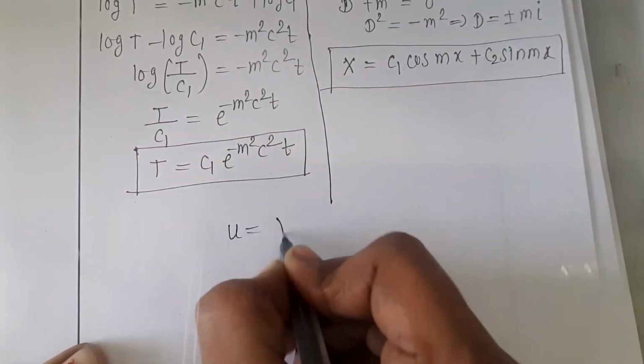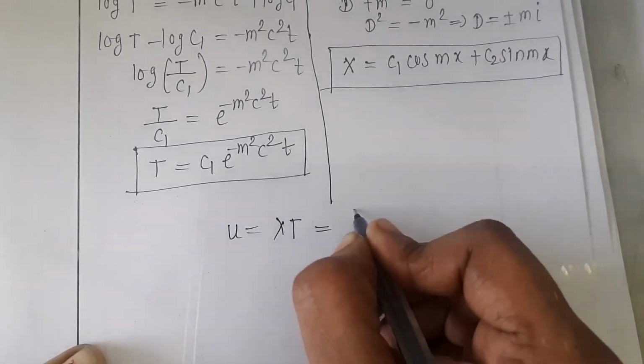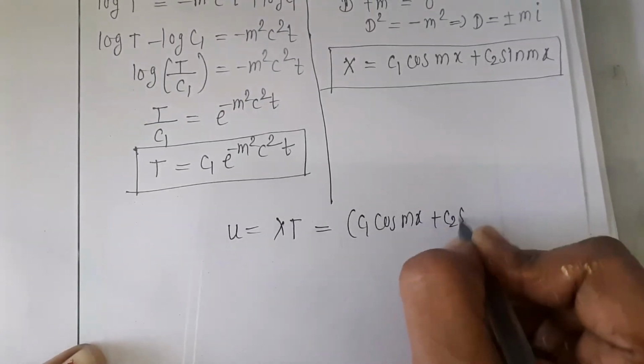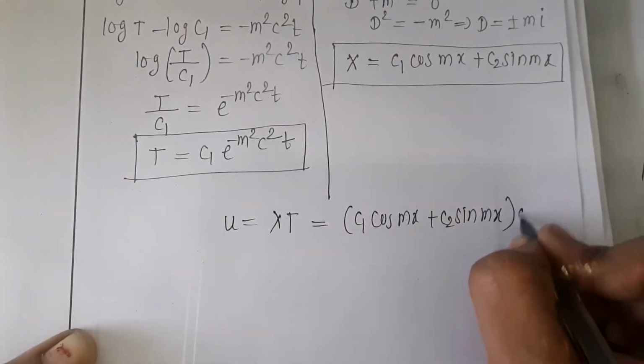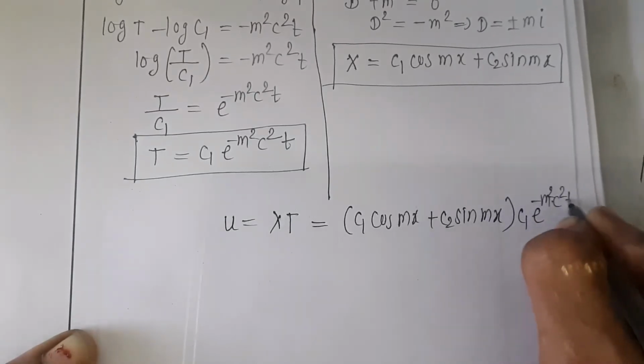Now what is our solution? The assumed solution is u is equal to x into t. So substituting the x value and t value, it is (c1 cos mx plus c2 sine mx) multiplied by c1 into e to the power minus m squared c squared t.